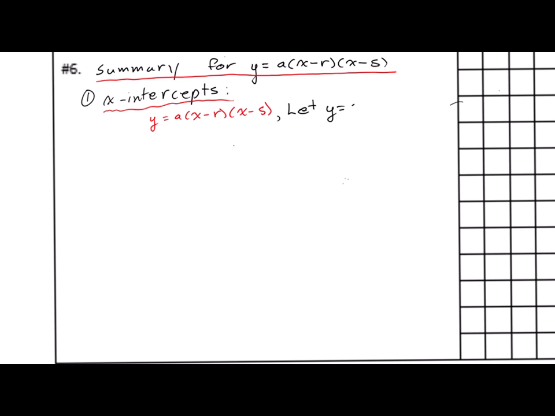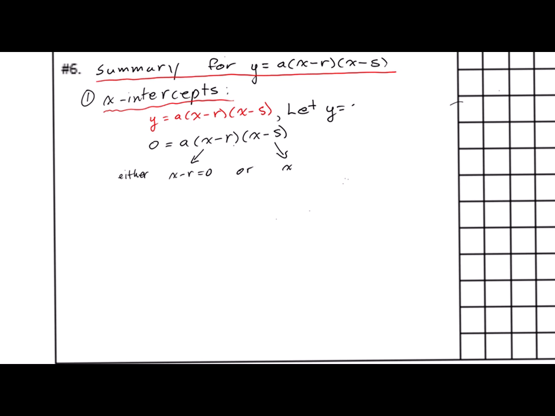So imagine if we let y equal 0. That means 0 equals a(x minus r)(x minus s), and so on, all equal to 0. So that means either a equals 0, or x minus r equals 0, or x minus s equals 0.